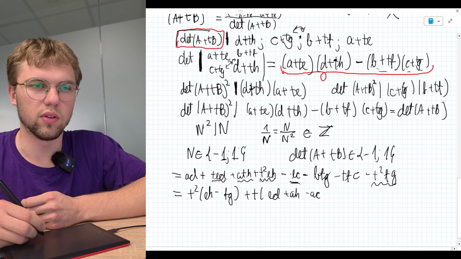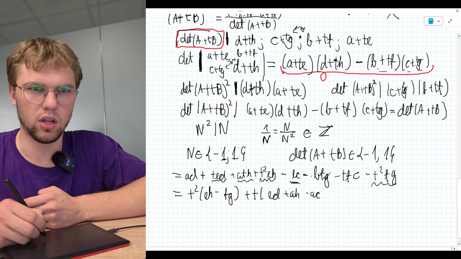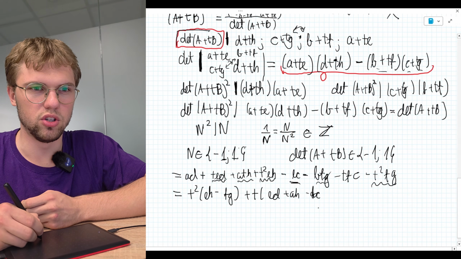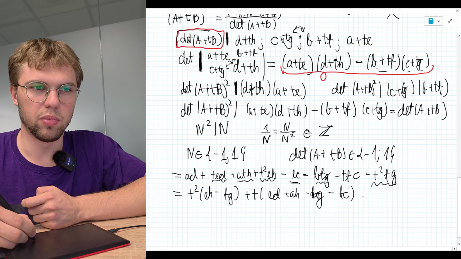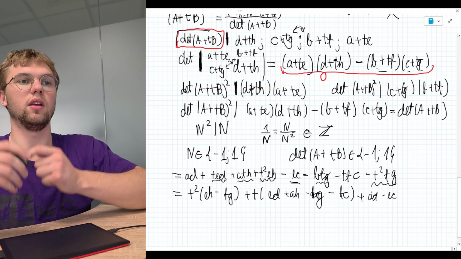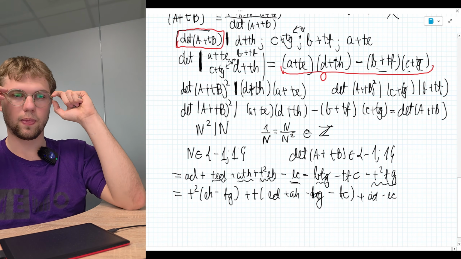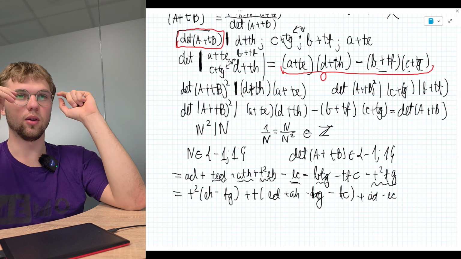No, I think this is once again some mistake. Let me regroup: plus the terms AH minus BG minus FC, plus AD minus EC. Finally.